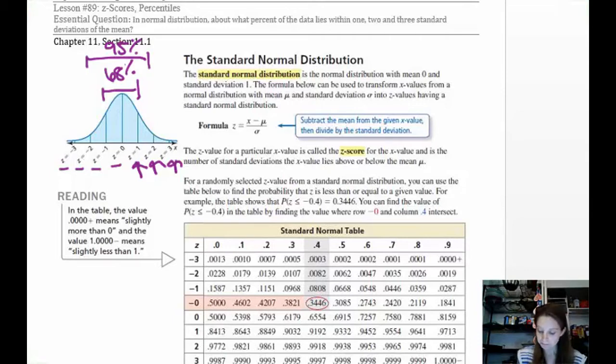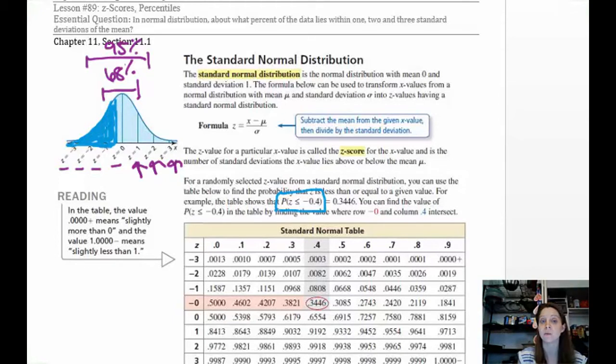Okay, let's pause for a minute. So the probability of the data, or your z-score, being less than or equal to negative 0.4, so that's approximately here. And so we want to know in this area under the curve how much of the data is represented here. And we couldn't do this previously.